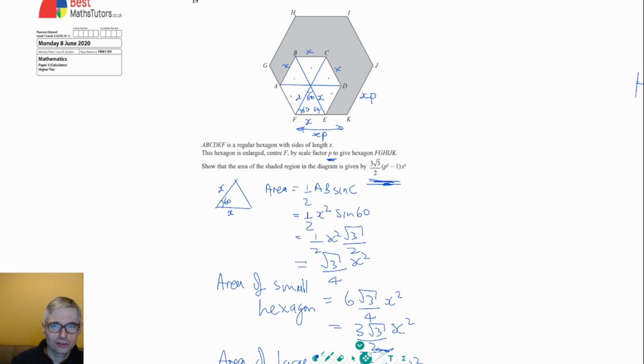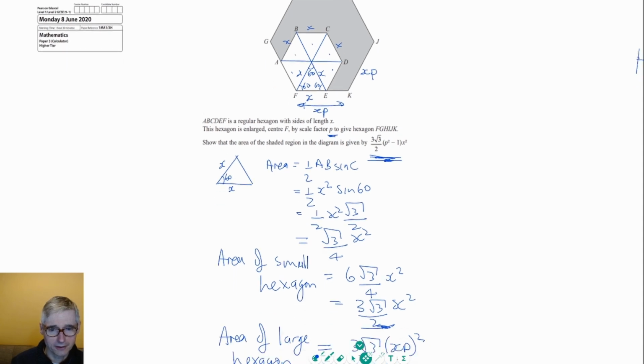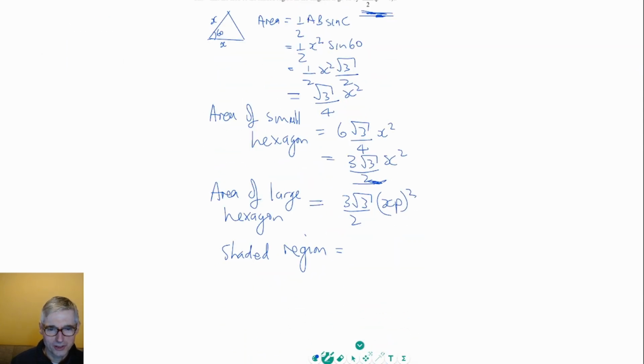If I scroll back up, we can see that we're after the shaded region. The shaded region is just going to be the large area minus the small area. So it's 3 root 3 over 2 times xp all squared, minus 3 root 3 over 2 x squared.